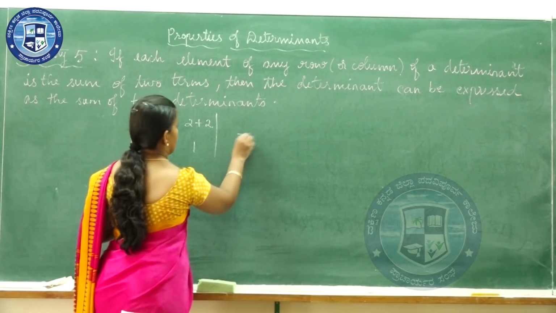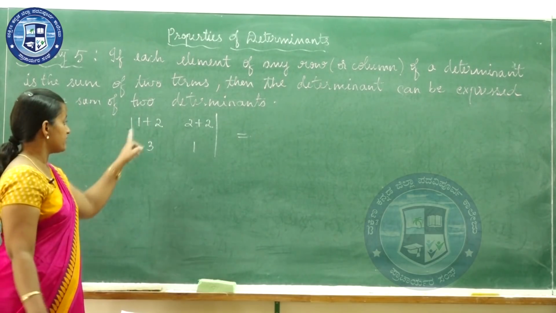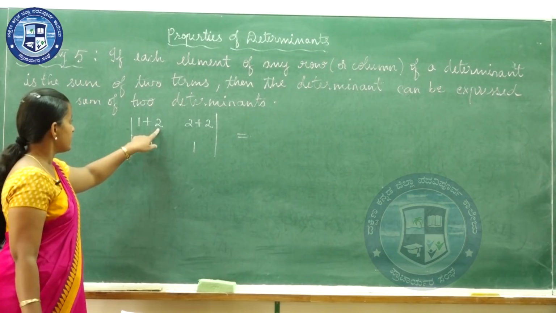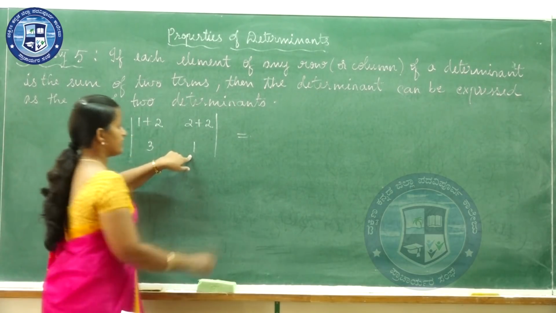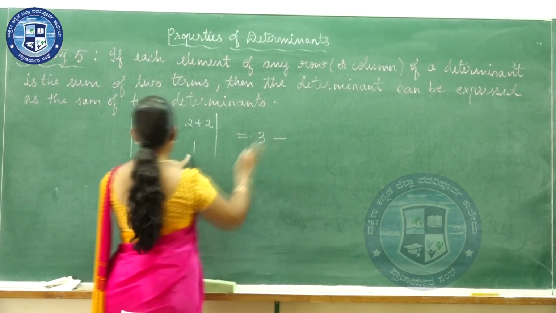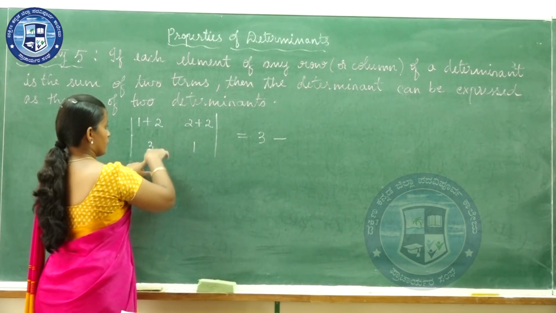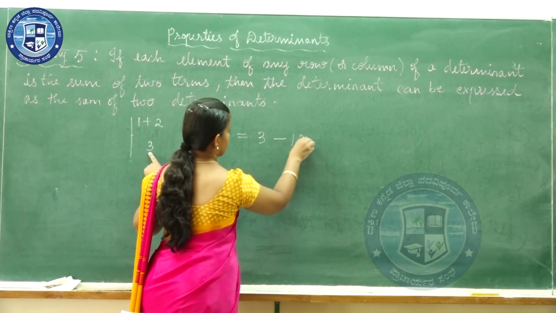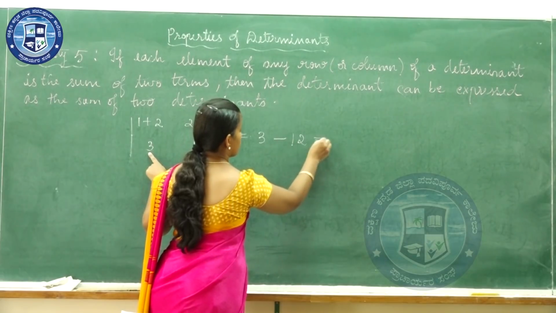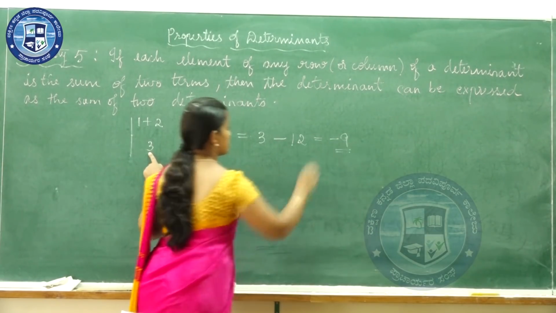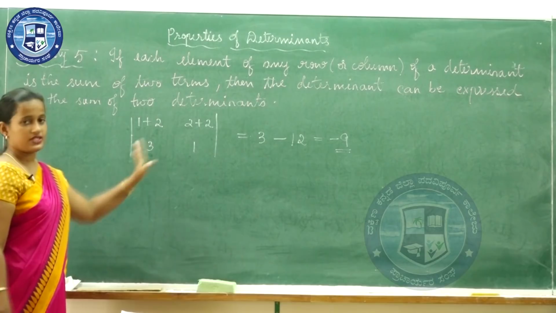Now, let us simplify this. Let us expand the determinant. This is 3. 3 into 1 is 3 minus, this is 4 and this is 3. 4 3s are 12. So, 3 minus 12 is nothing but minus 9. Let me keep this aside.